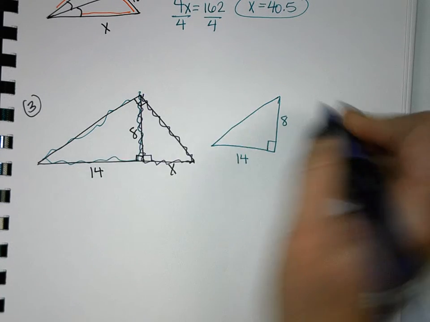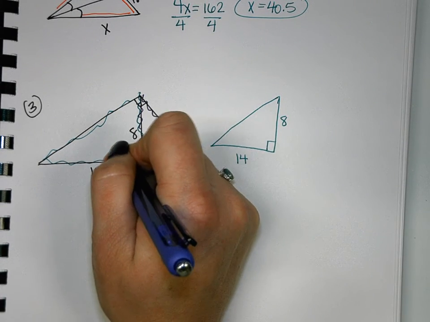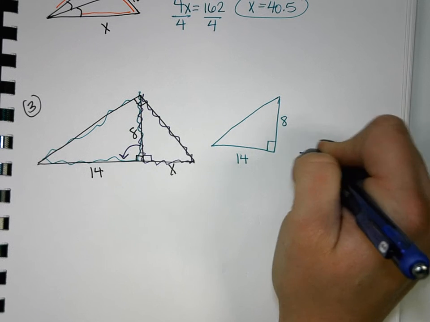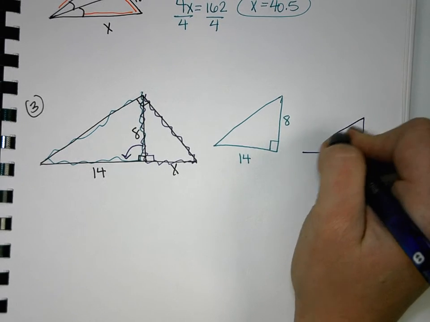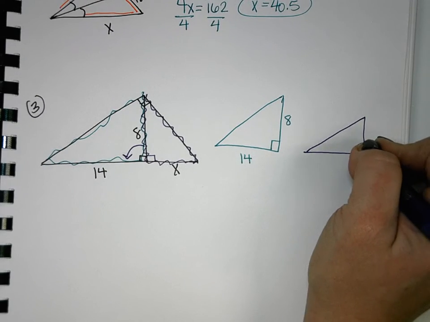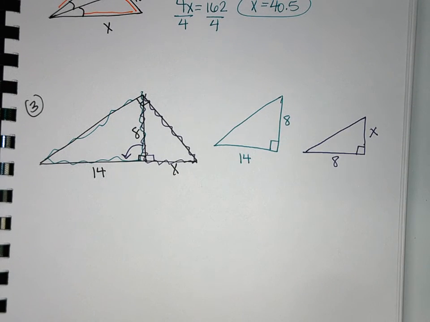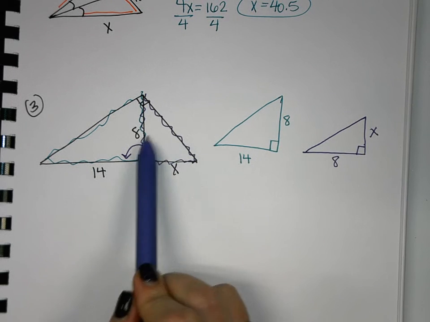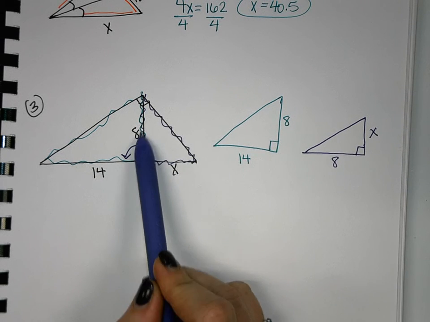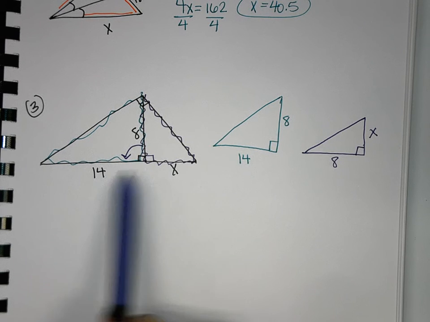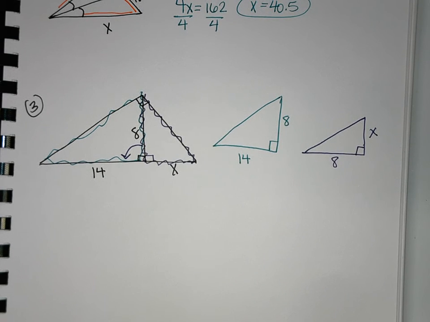If I think of that one as being rotated, I can draw it in the same orientation, where my height becomes x and my base is 8. So again, flipping it so that 8 and 14 correspond, and x and 8 would now correspond, how would you set up your proportion?